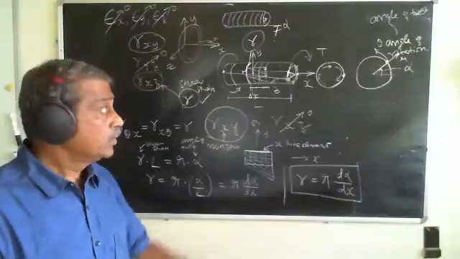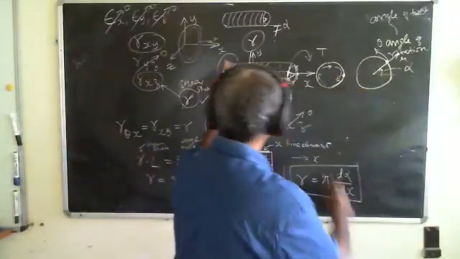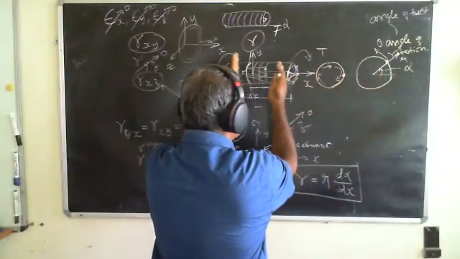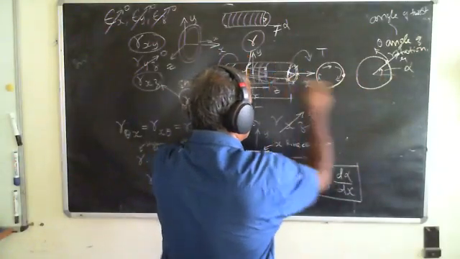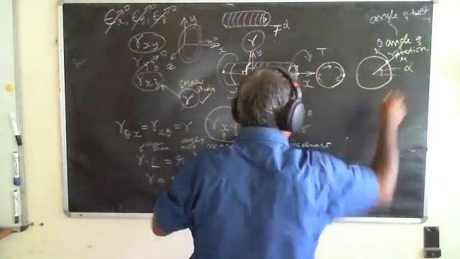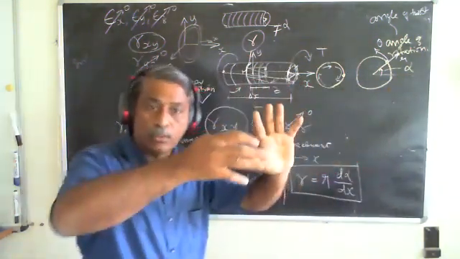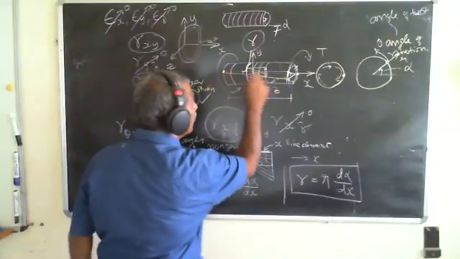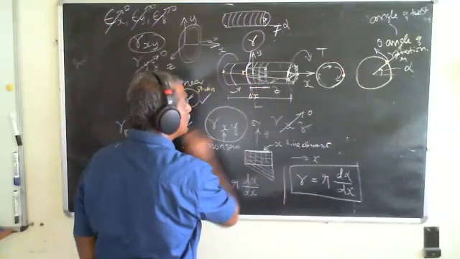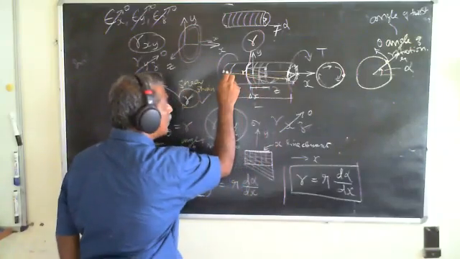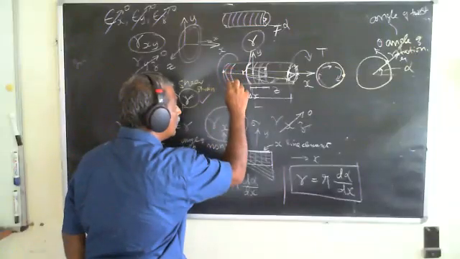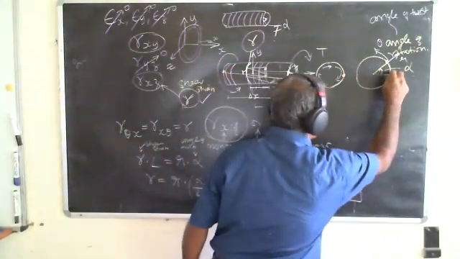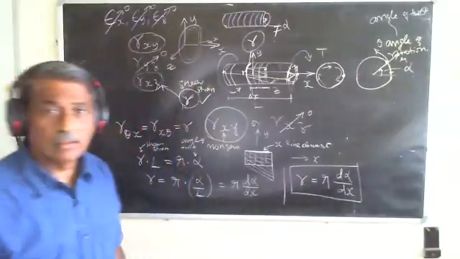See, if I take this length, then it is alpha. If I keep on decreasing it, the total angle that it goes through for the same gamma, because this angle should not change, gets smaller. As I make it smaller and smaller, the shift here that has happened is very small, right?